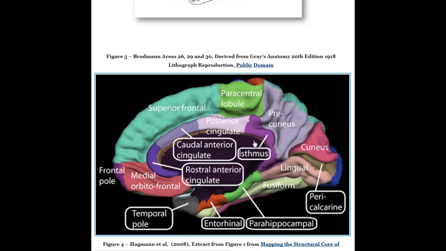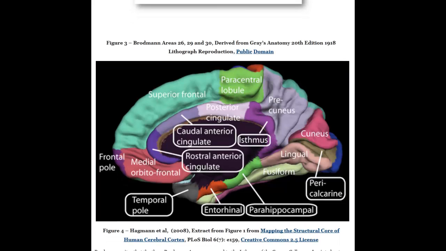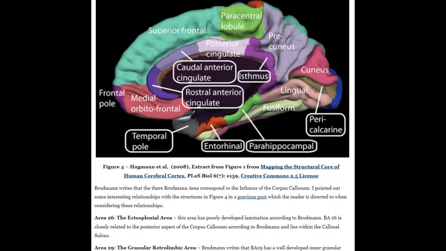And also he describes these three areas as corresponding to the isthmus of the cingulate cortex, which is illustrated in this diagram, which is from a 2008 PLOS Biology paper by Hagmann and colleagues. You can get the link on the blog.